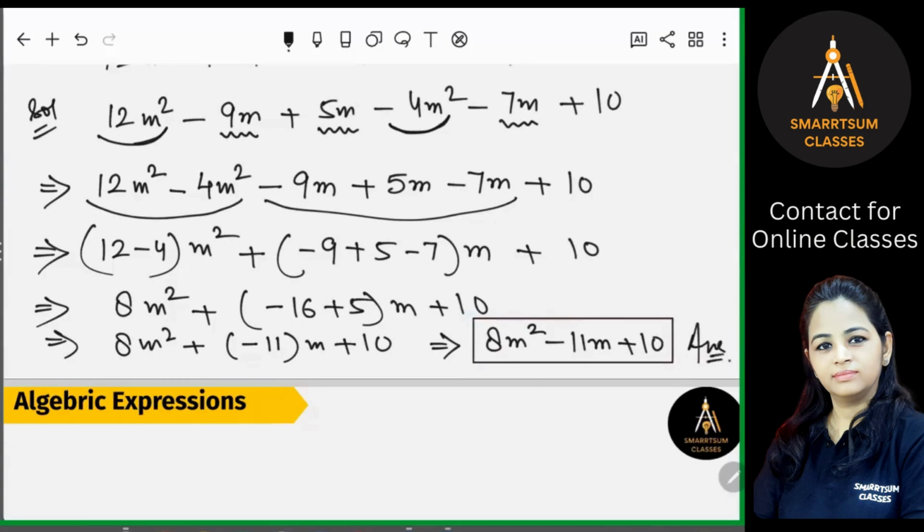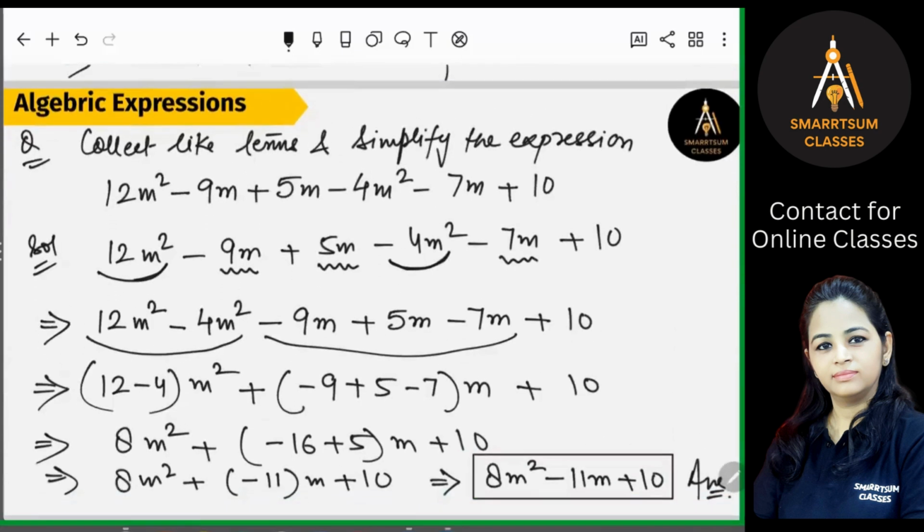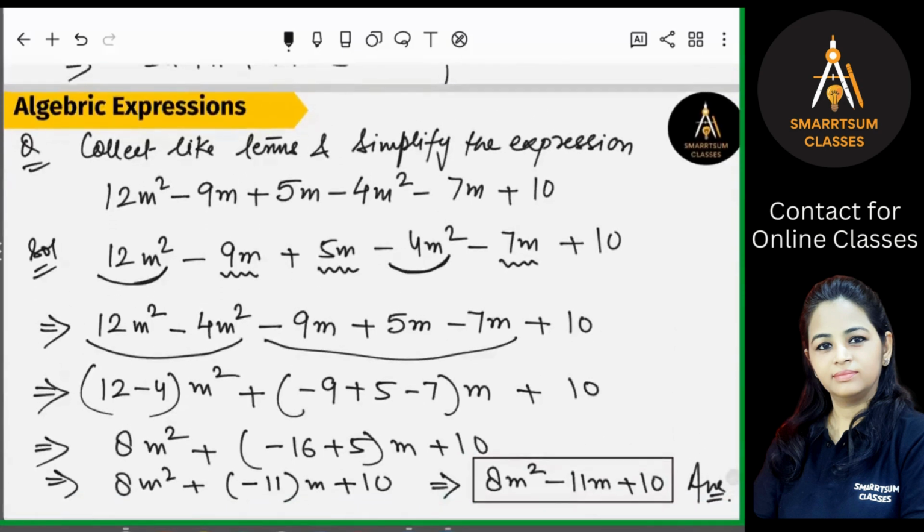Okay, so this is the final answer, right? So what we have done here, we have collected the like terms and then we simplify them, right? Simplification means we are adding and subtracting the numerical coefficients, numerical values. Is that clear? Once we have collected the like terms, we have nothing to do with the literal factor, right? We write it as it is.